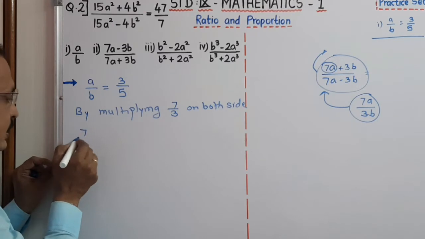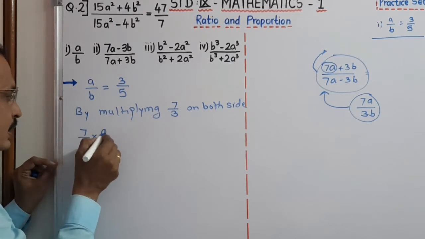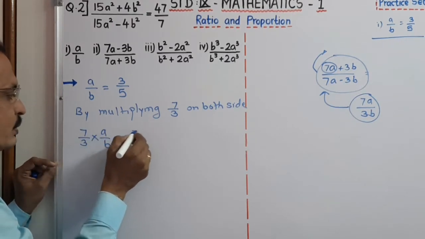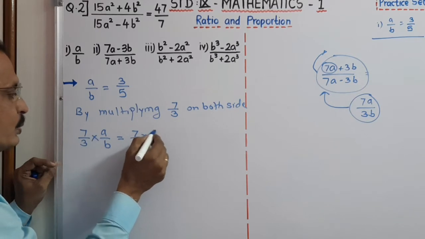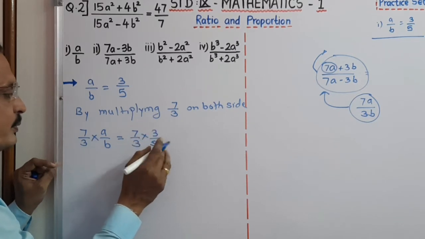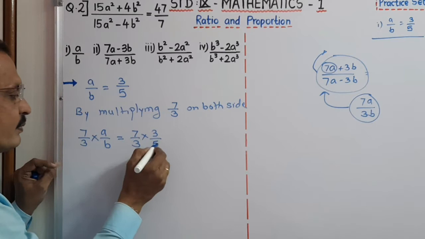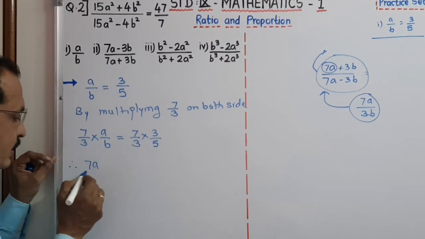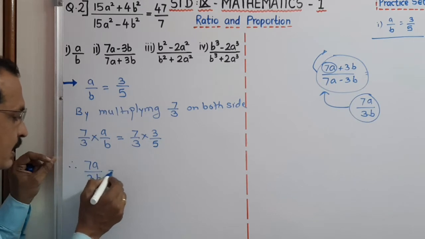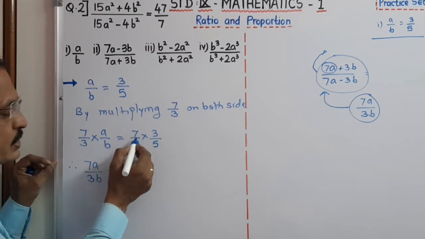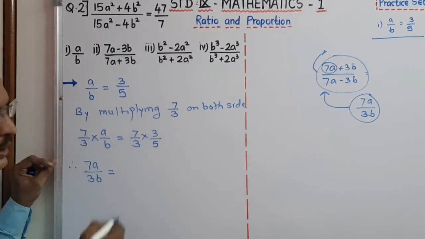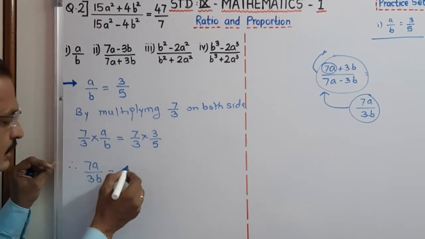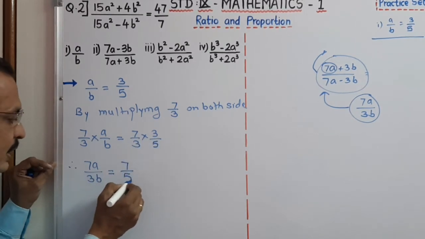See here, 7 upon 3 into a upon b is equal to 7 upon 3 into 3 upon 5. Now do the multiplication. It is 7a upon 3b is equal to, see dear student, we can simplify this. This 3 and 3 get cancelled. It is 7 upon 5.